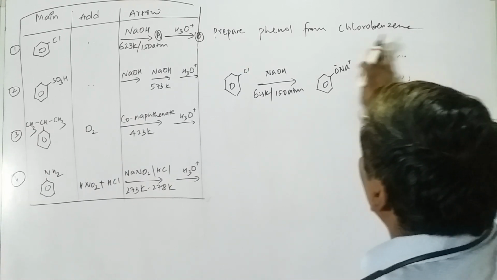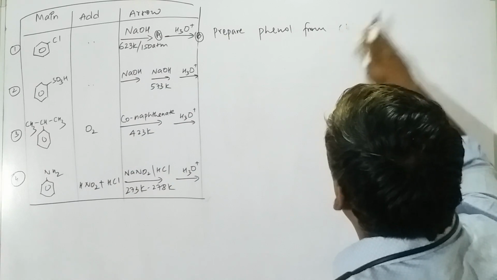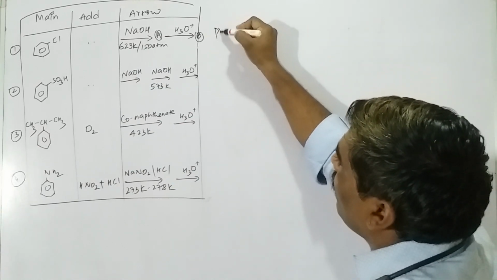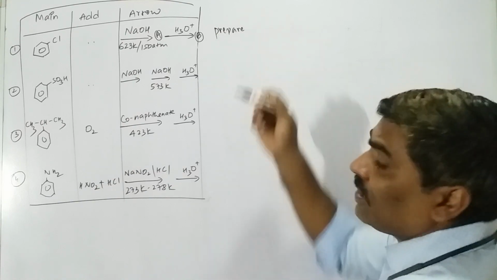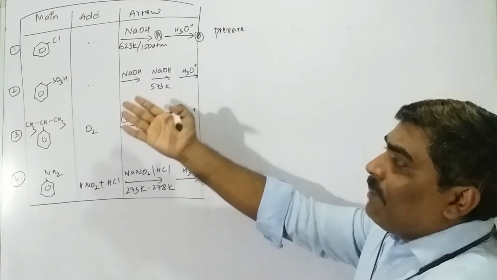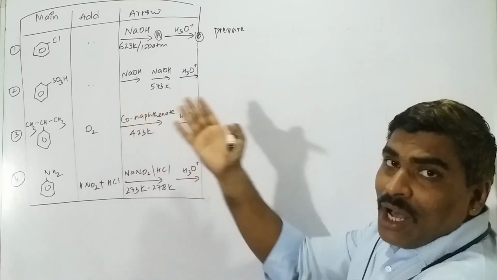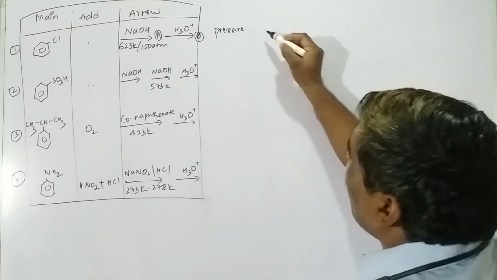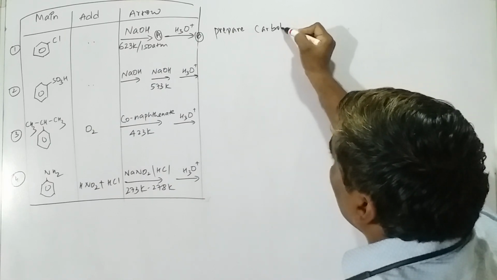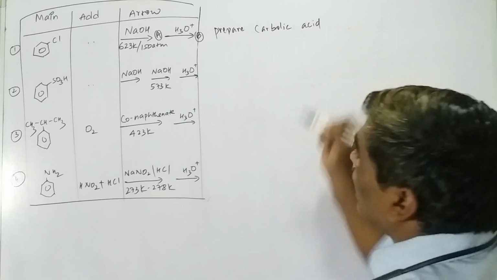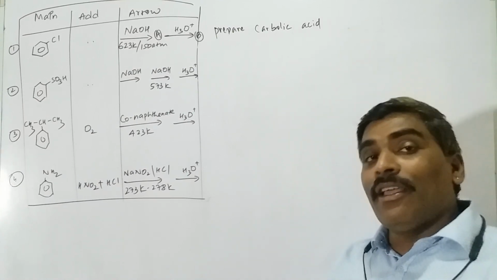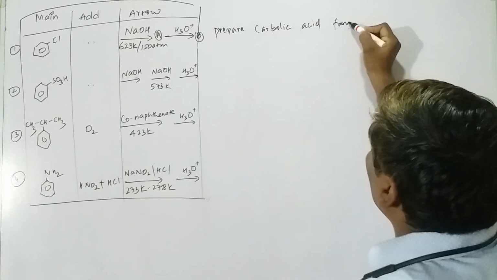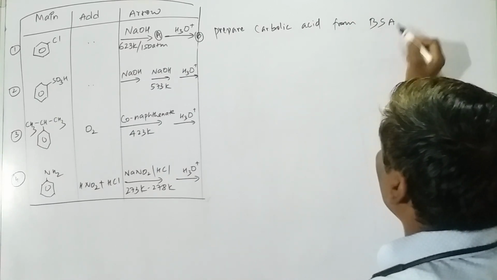Now we'll go for, suppose this time the question is to prepare, obtain or even convert benzene sulfonic acid into carbolic acid. The question can be in any way. So here I'm writing prepare carbolic acid. The other name of phenol is carbolic acid. So prepare carbolic acid from benzene sulfonic acid.